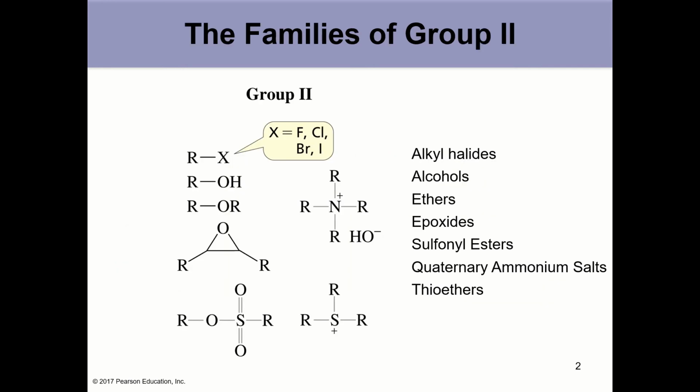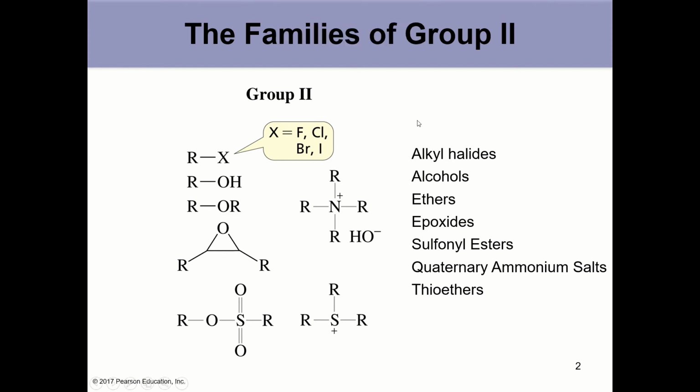All right, so chapter 9, we're starting our types of reactivity as group 2 reactivity. We're going to cover the reactions of alkyl halides, alcohols, epoxides, sulfonyl esters, quaternary ammonium salts, and thioethers in the next couple of chapters while we're in group 2 and type of reactions.